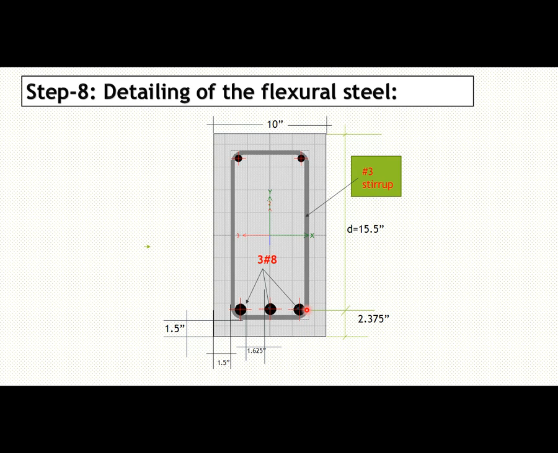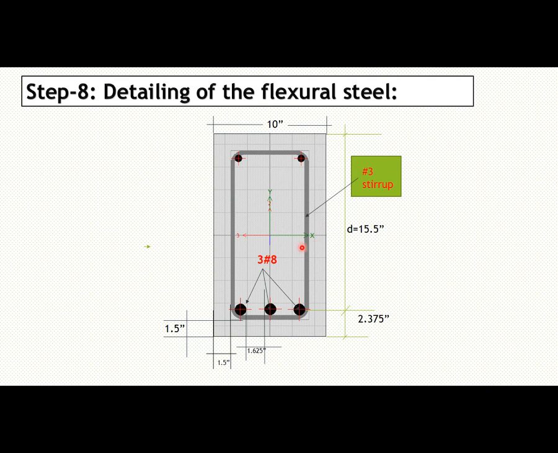You know the diameter of number 8 bar equal to 0.5 inch, and the diameter of number 3 bar equal to 0.375 inch, and clear cover equal to 1.5 inch. Adding all these values you will get 2.375 inch. Okay, that is the detailing of the beam.